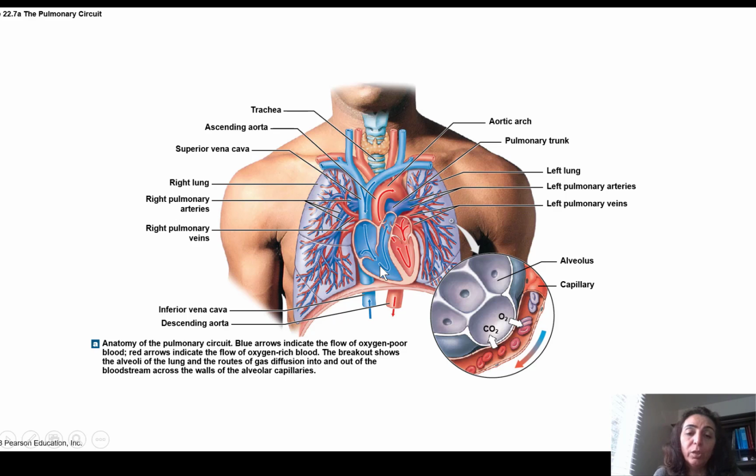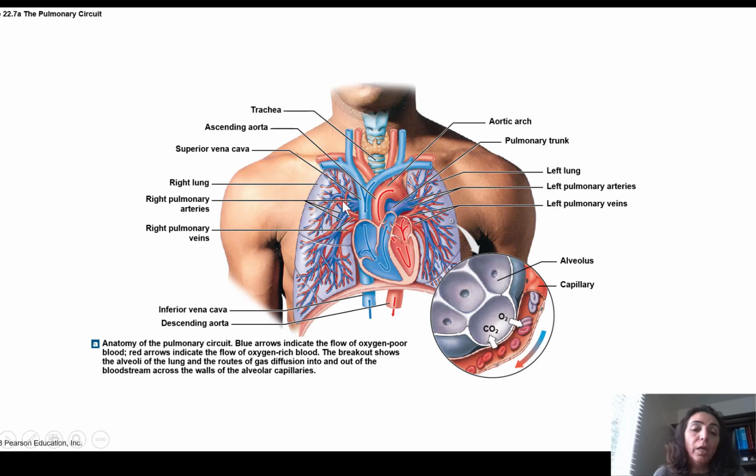So it was just a simplified view of both circuits, and here it's showing how the blood from the right ventricle gets to the pulmonary trunk, then to the pulmonary arteries, left pulmonary artery and right pulmonary artery. As you see, it is shown in blue, symbolizing that this blood that comes from the right ventricle has less oxygen.